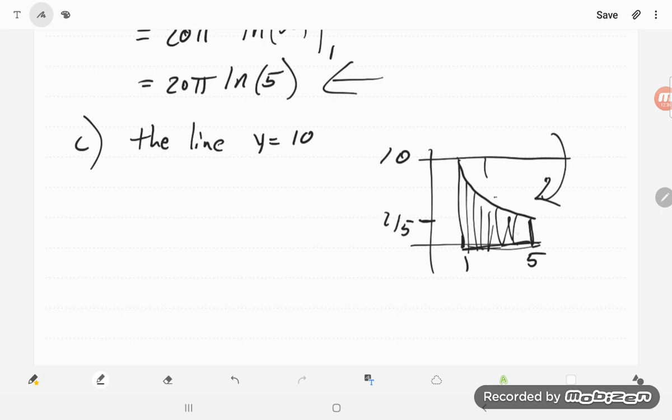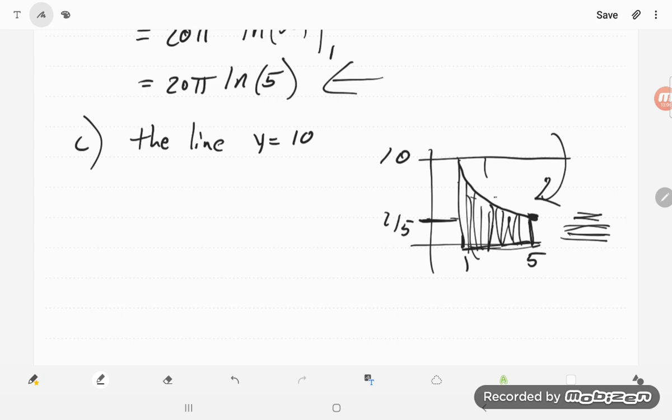And if I tried to use the shell method, the problem I see is, again, if I slice this way, I have to change what I'm doing here. I've got two different types of things going on here because the top curves change if I'm slicing this way. So I really don't like that so much, so I think I am going to go with disk.